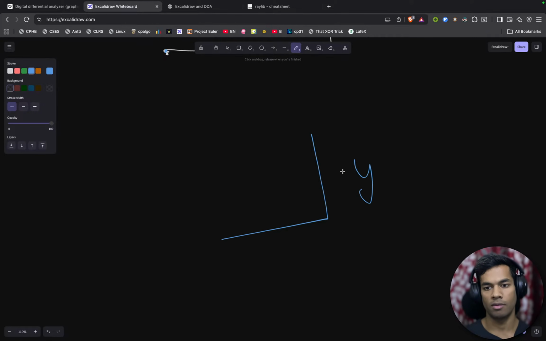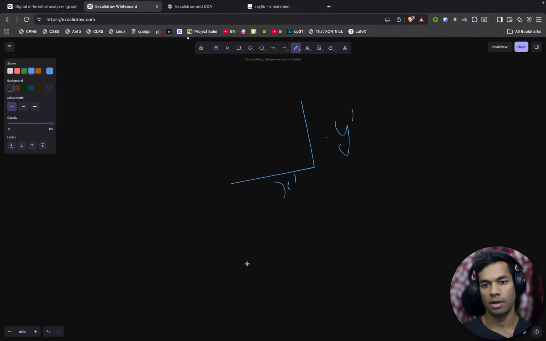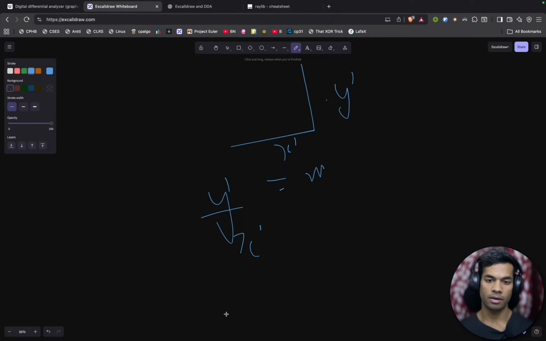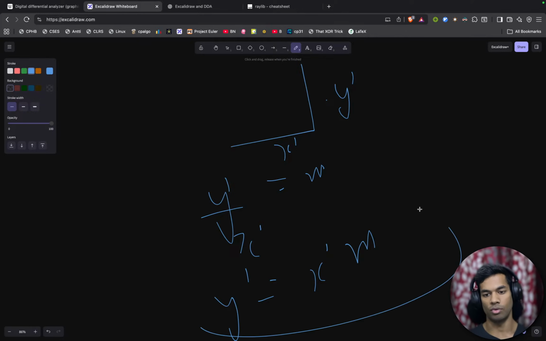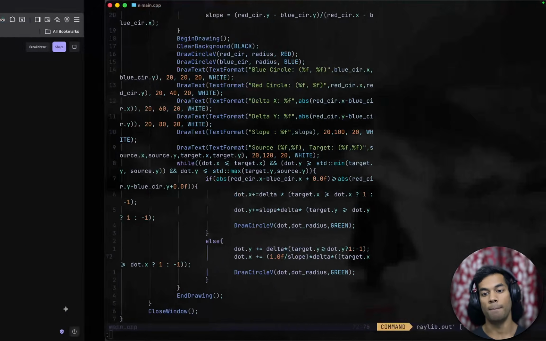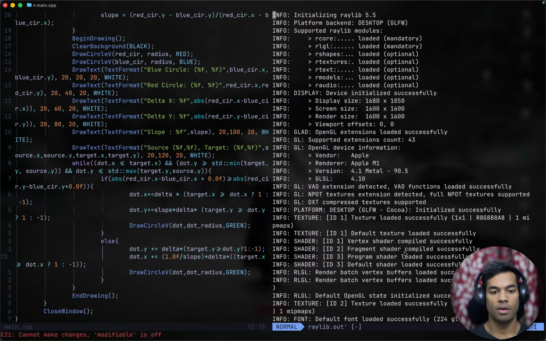Slope is change in y dash divided by x dash, and y dash divided by x dash equals m slope, and then y dash would be equal to x dash into m. So that is nice, but if you want x dash, that would be y dash divided by m, which is also nice.